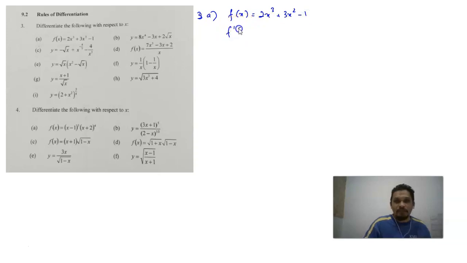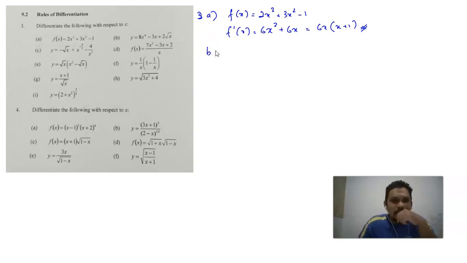Okay, so then f prime or dy/dx: 3 times 2 equal to 6x squared. 3 times 2 equal to 6 and 3 minus 1 equal to 2. 2 times 3 equal to 6x. So we factorize this, simplified as 6x times (x plus 1).